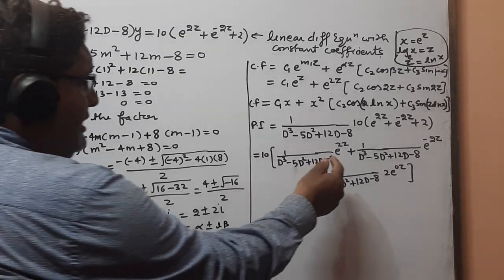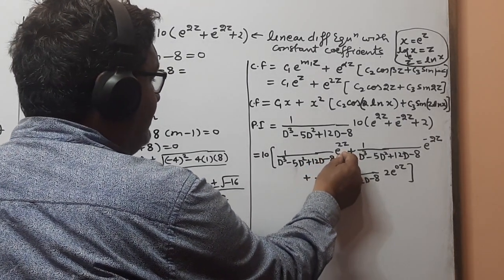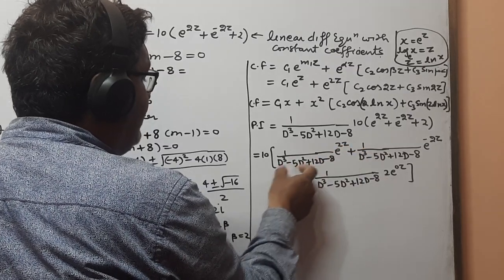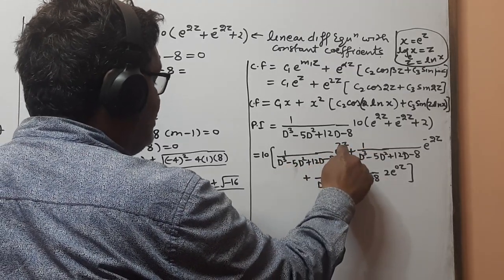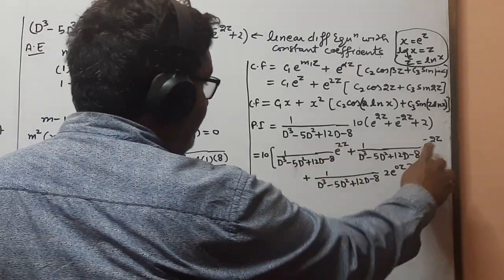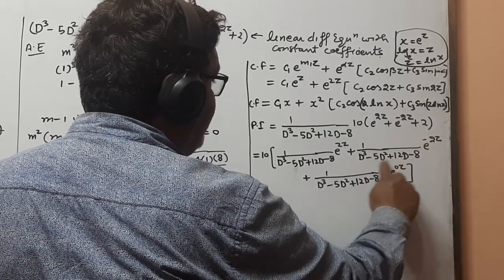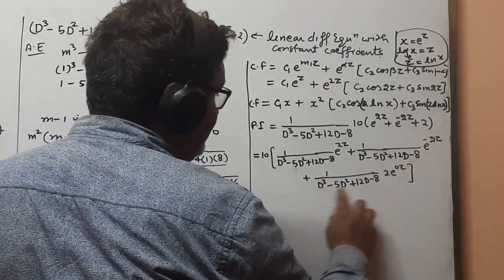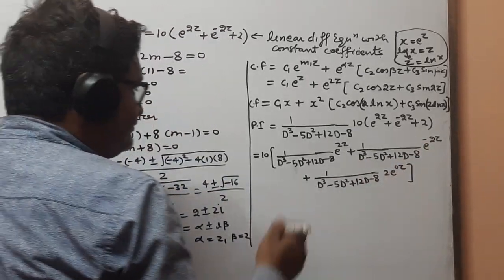So when we find the particular integral of e to the power 2z, we replace D by 2, and we replace D by minus 2 here, and we replace D by 0 here.